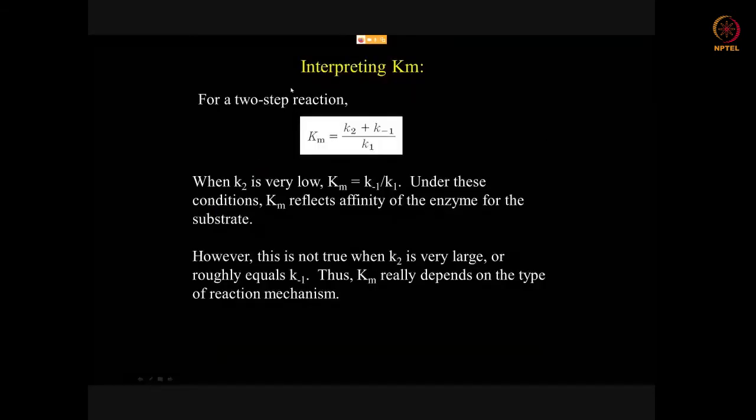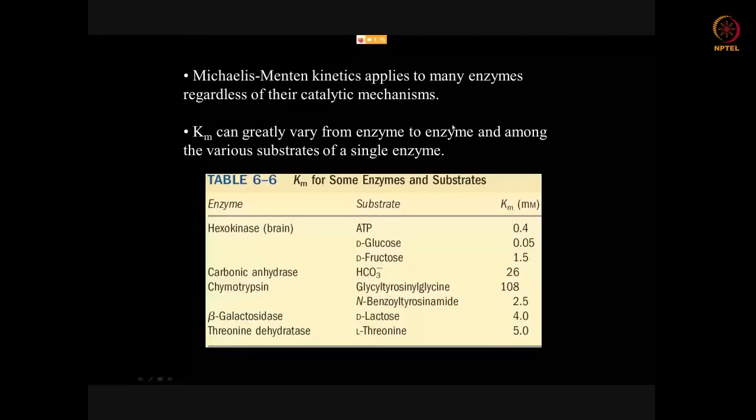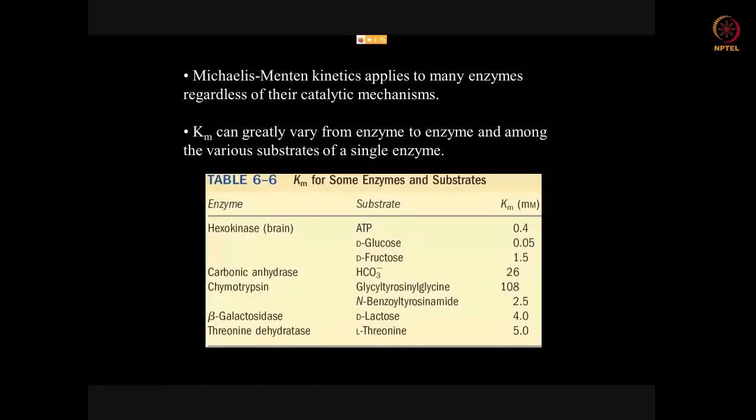Let me see what I have. Yeah. So one of the limitations of the steady state kinetics, that is the Michaelis-Menten equation, is that it is a steady state equation, because we make that assumption at the beginning. We are measuring initial velocity, and then we are measuring at a point where the rate of formation of the enzyme substrate complex equals the rate of breakdown of the enzyme substrate complex, that is ES.